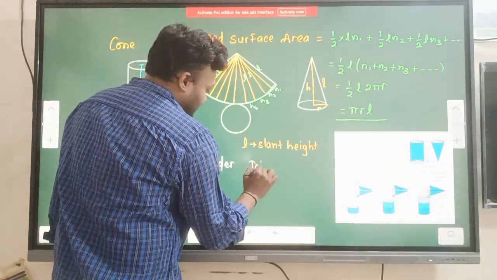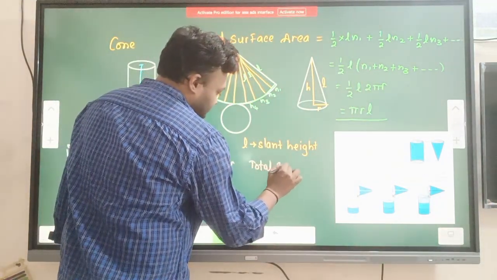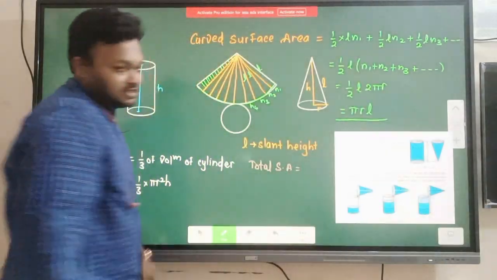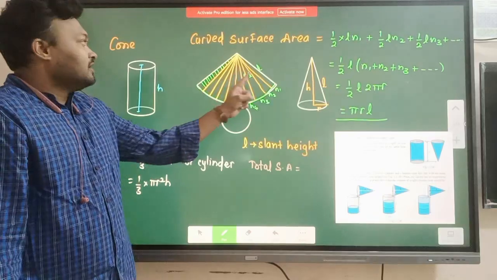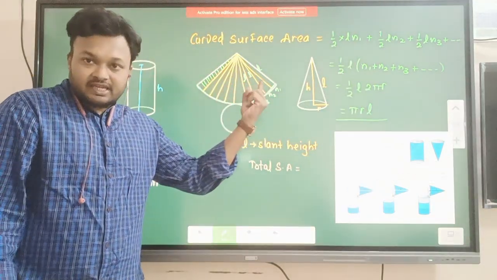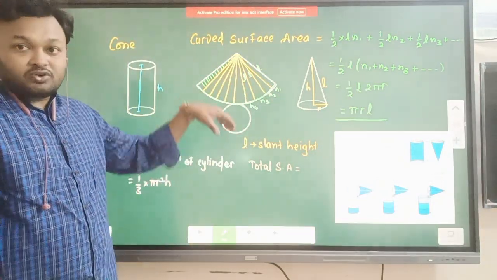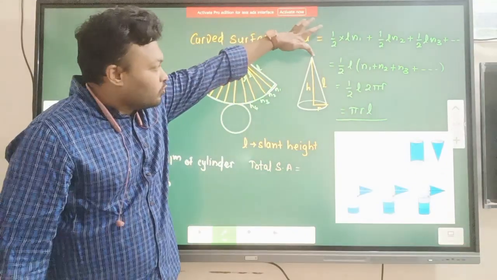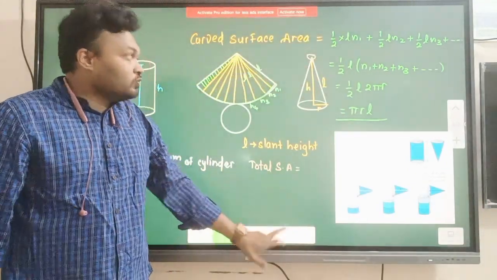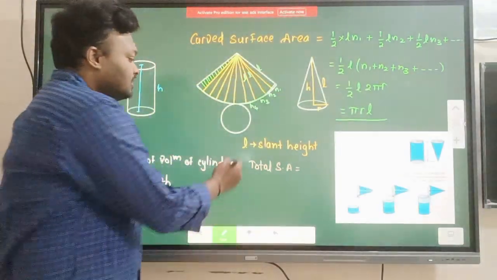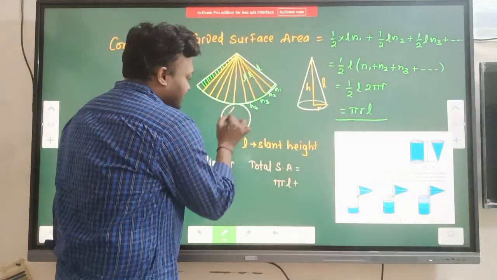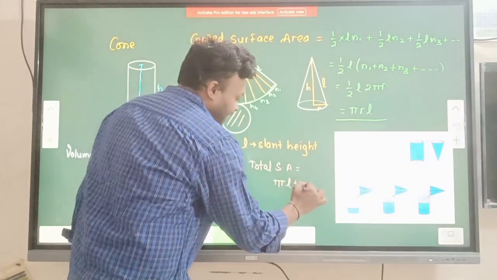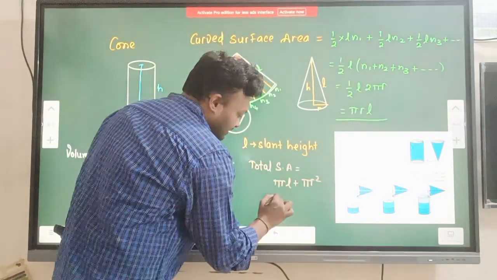total surface area. Now, total surface area, I just told you this is the third case. Total surface area is curved surface area plus the bottom area, because at the top we have only the vertex, so it will have no area. So it will be pi r L plus the base area, which is pi r square, because it is a circle.